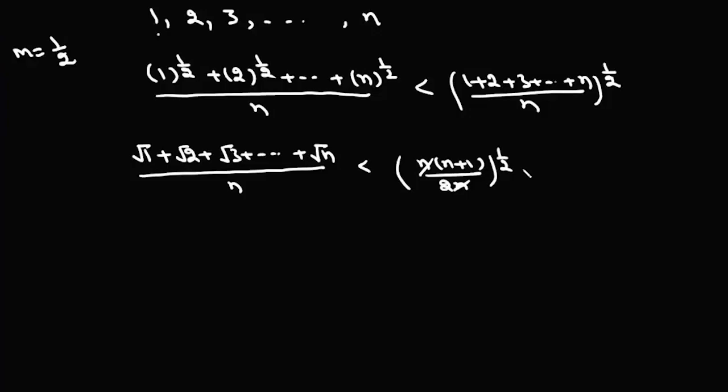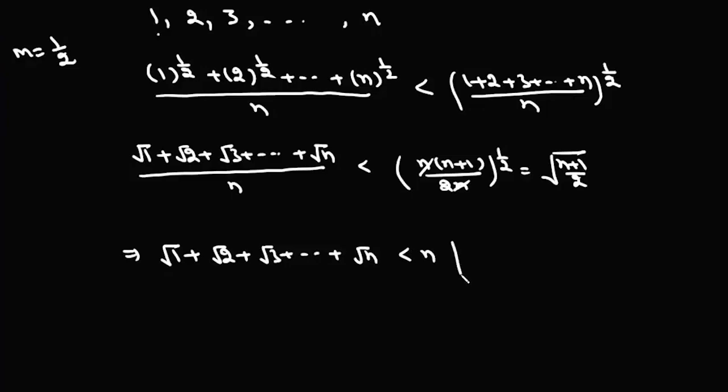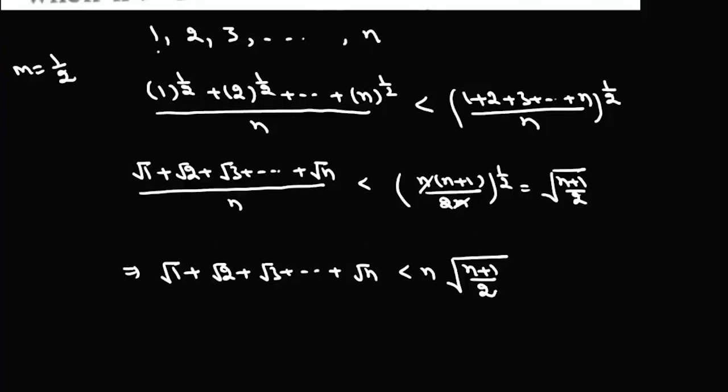Now this n will cancel, so it will be root of (n plus 1) by 2. Now if we rearrange, we can write this as root 1 plus root 2 plus root 3 plus up to root n will be less than n into root of (n plus 1) by 2, which is what we need to prove in this question.